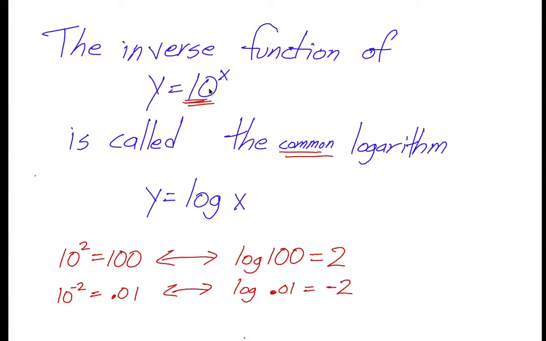But of course, we've done lots of exponential functions that are not 10 to the x. And so we may be interested in seeing what happens if it's not 10 to the x. So, 10 to the x equals something that we'll just call y.